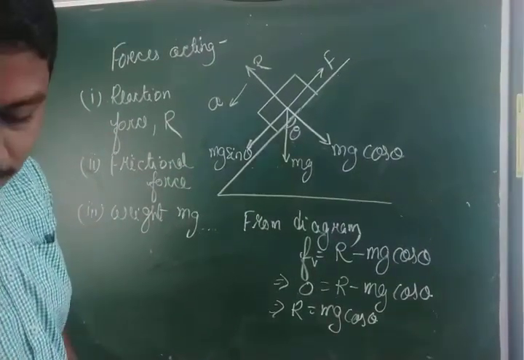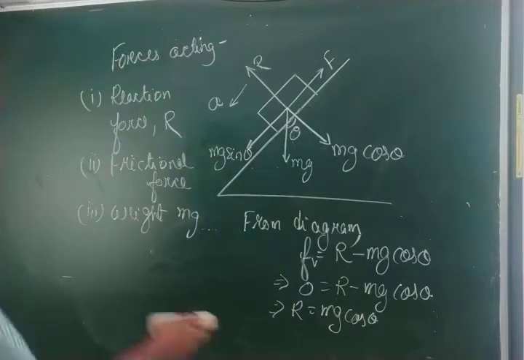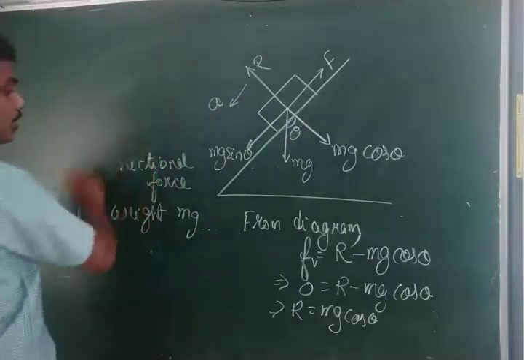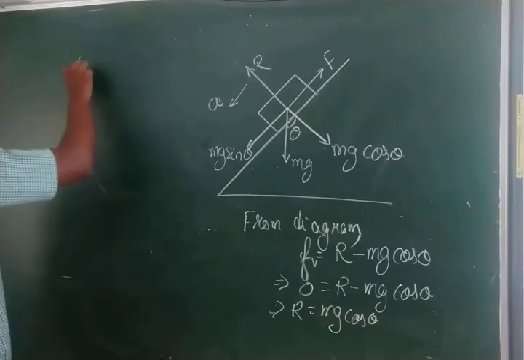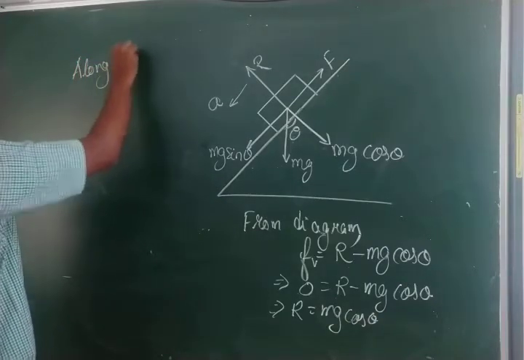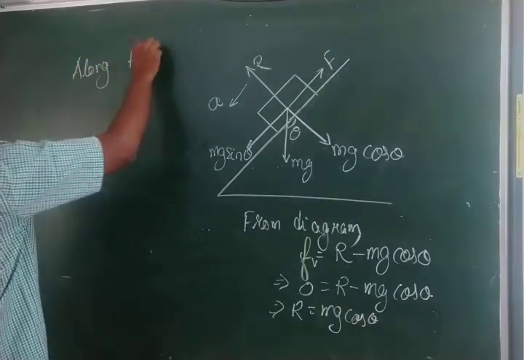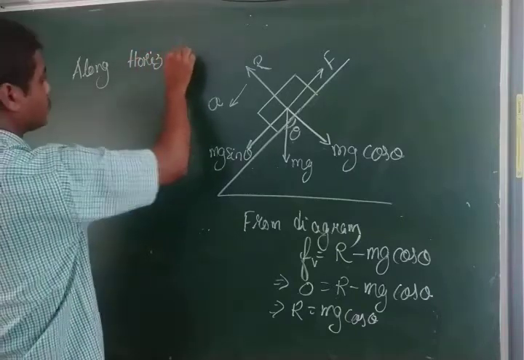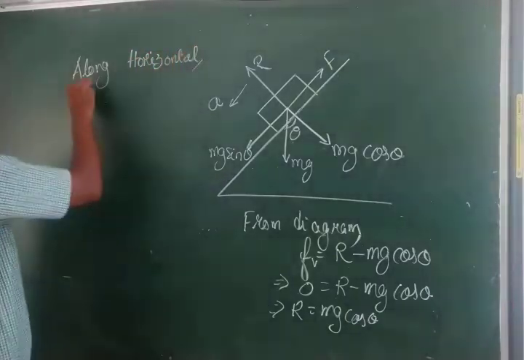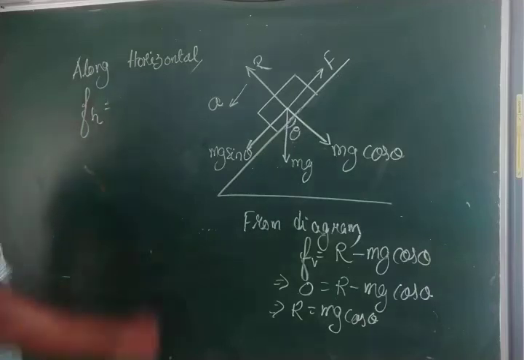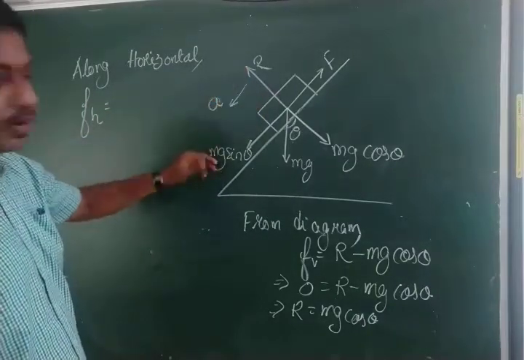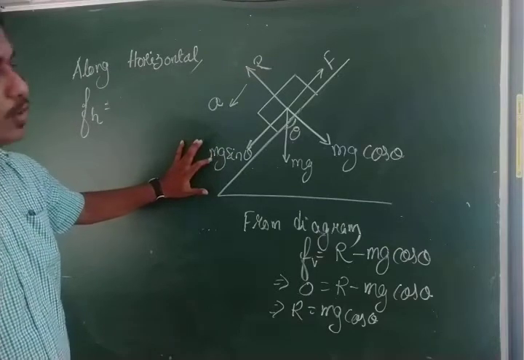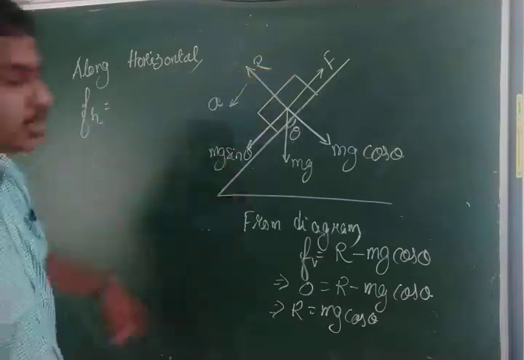Now let us see along the horizontal, sorry. Now along the horizontal, the total force acting. Here I have to write, since your body is sliding down, that means this mg sin theta force will be more than the frictional force.